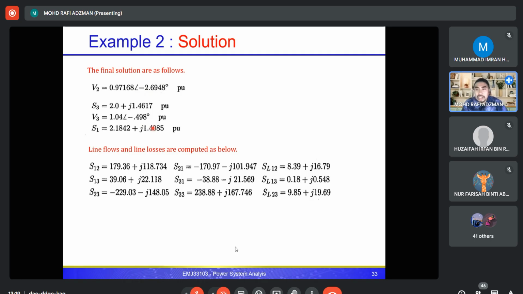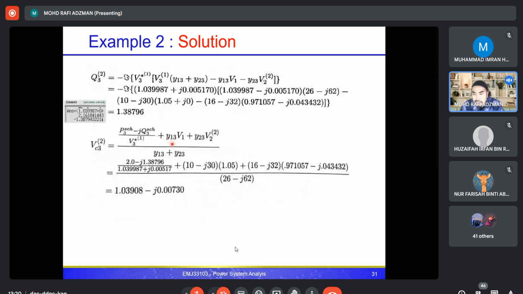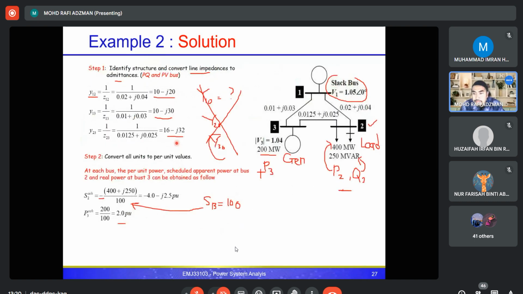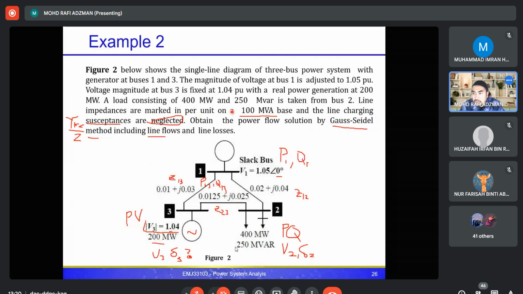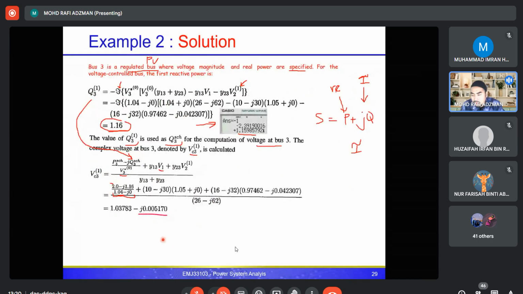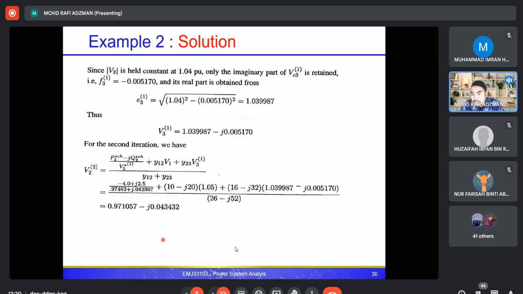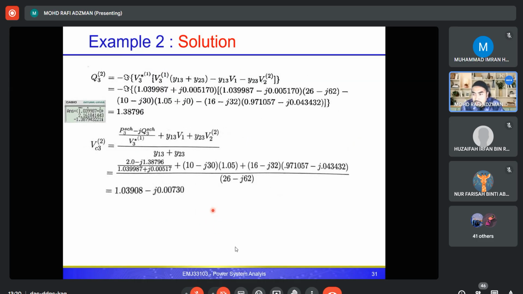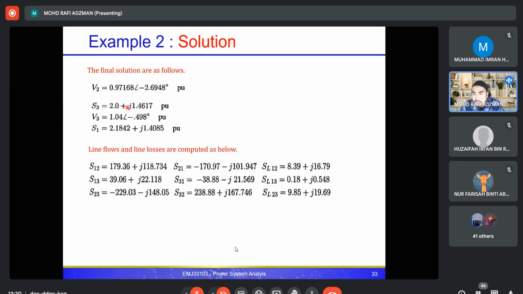And your S3 is equal to P3 plus JQ3. So P3 is fixed, 2.0 per unit. But Q3 keeps changing until it satisfies the tolerance or accuracy. So you get the value 1.4617.